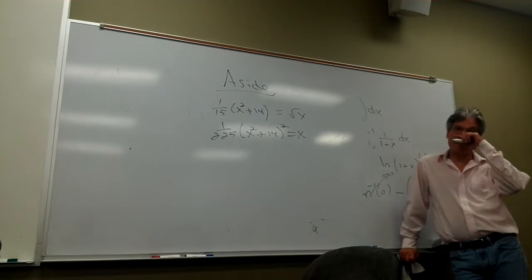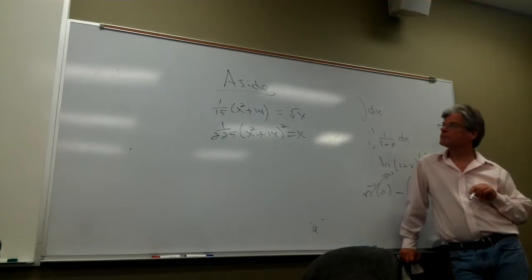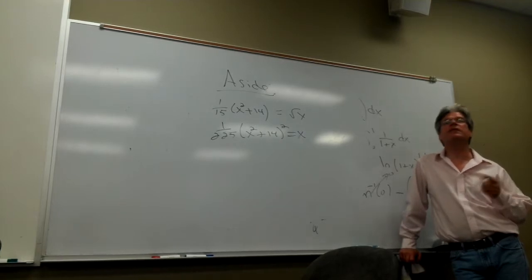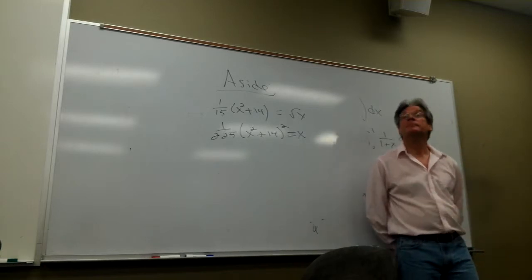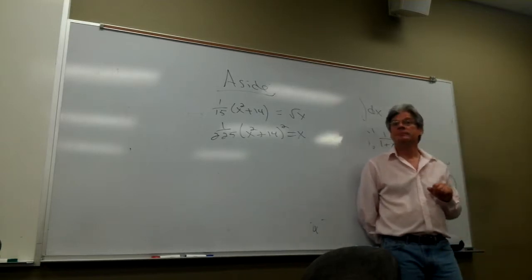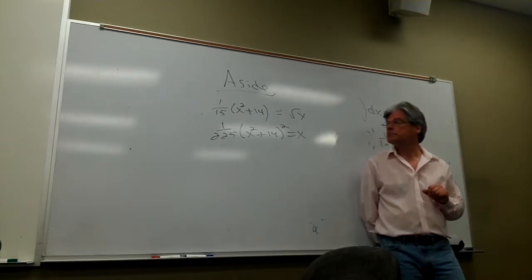Shouldn't we, in the first step, have multiplied x squared plus 14 by 15? I could have just as easily. I got so many ways to solve this equation. Like when we set it equal to 0, multiply both sides by 225 and expand x squared plus 14.